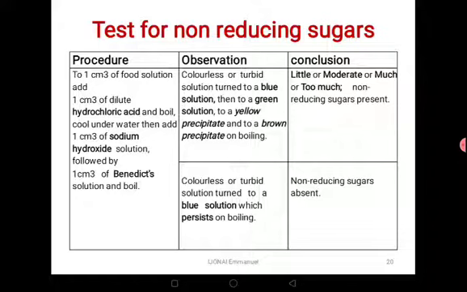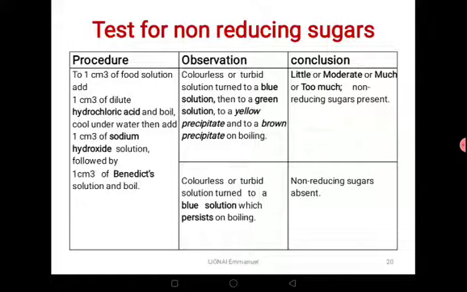So from that conclusion, I mean from this table, we can explain further and say that the non-reducing sugars actually do not have a chemical test. There is no chemical test for non-reducing sugars directly. But what we do is we hydrolyze them.